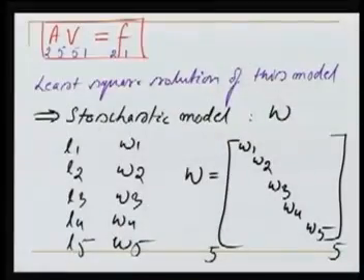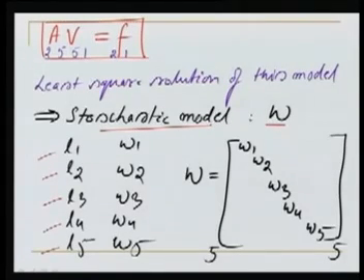About the stochastic model, for each observation L1, L2, L3, L4, L5, we have some weight. We know how to assign these weights, the quality of the observation. So the weight matrix for uncorrelated observations is a diagonal matrix.